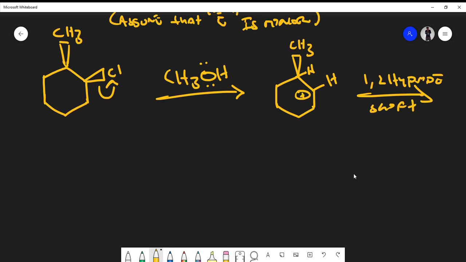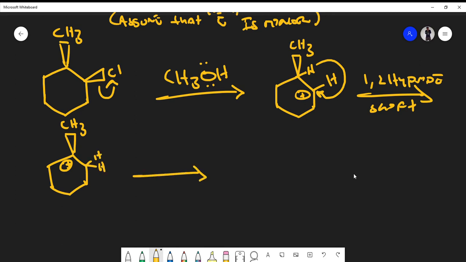If we do a 1,2 hydride shift, then this hydrogen comes in and satisfies this carbon. Conversely, the positive charge now moves to a tertiary carbocation, which again we say is more stable. So there goes my CH3, there goes my positive charge, and there goes my 2 hydrogens. That carbon is satisfied.